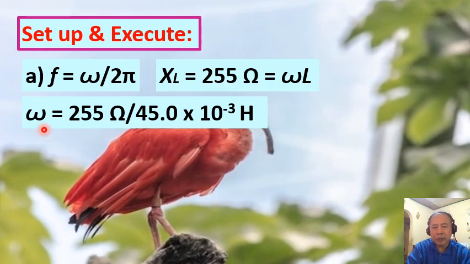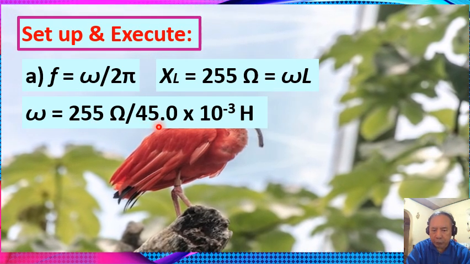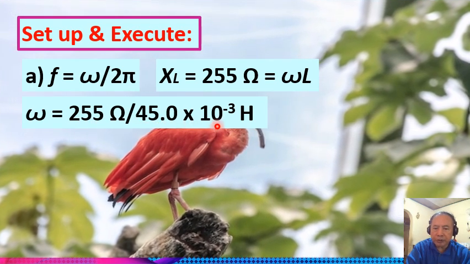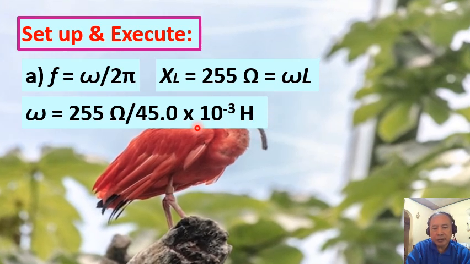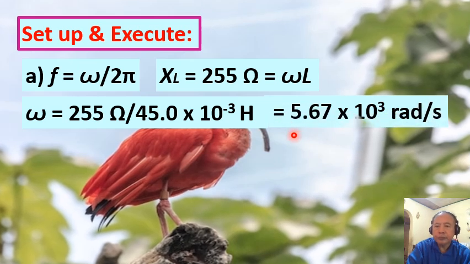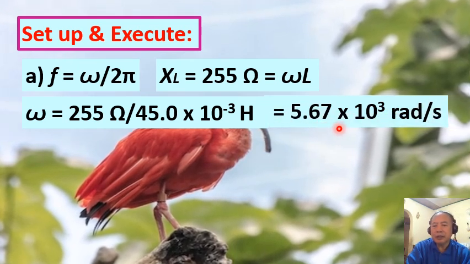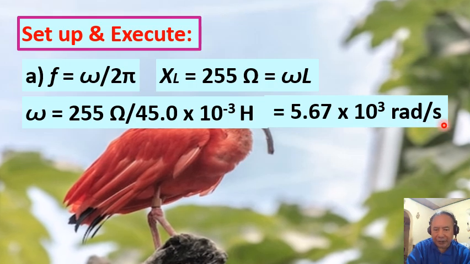That is, omega equals 255 ohms divided by 45.0 times 10 to the negative 3 henry, which simplifies to 5.67 times 10 to the third radian per second.